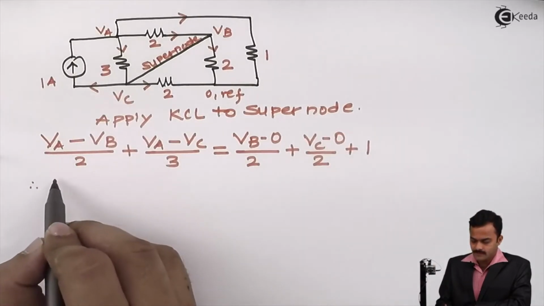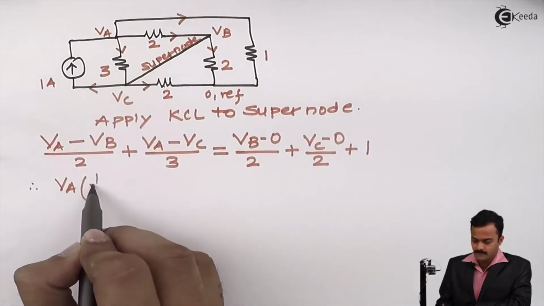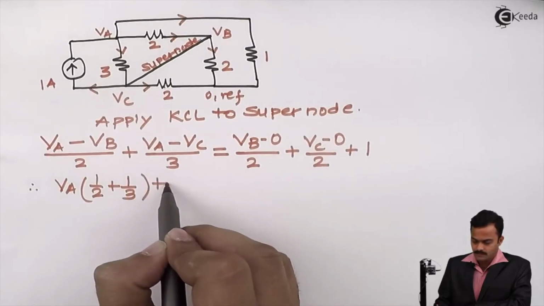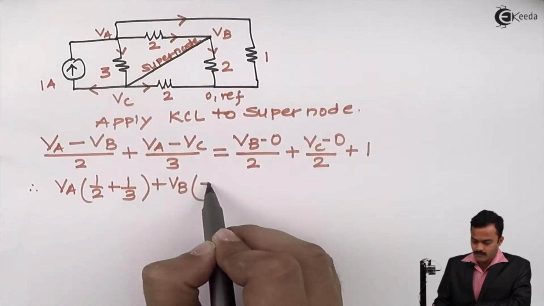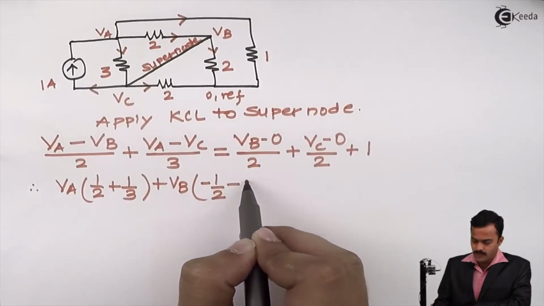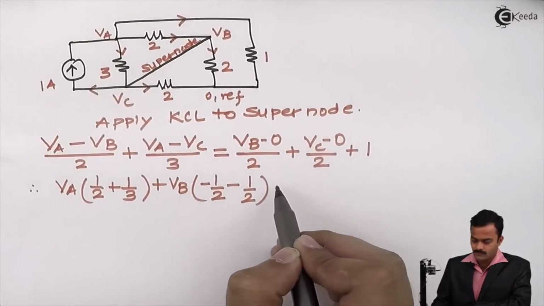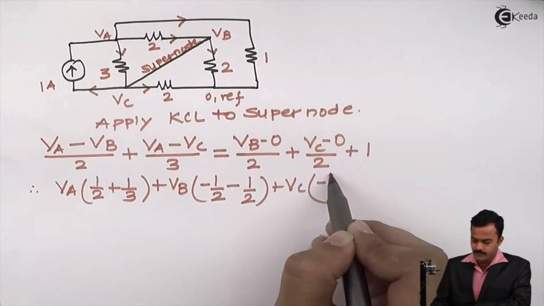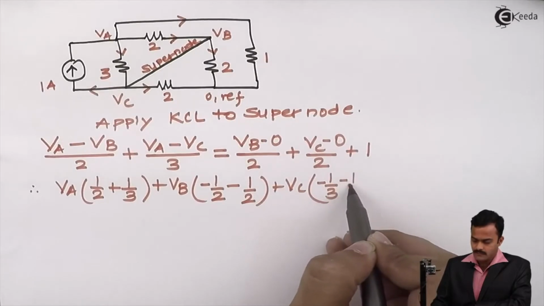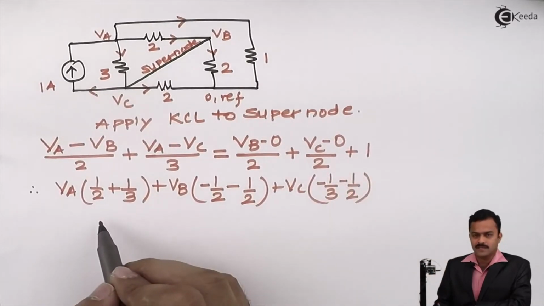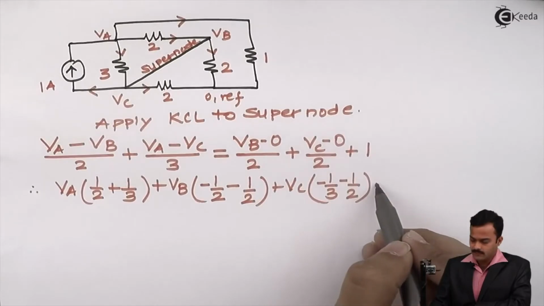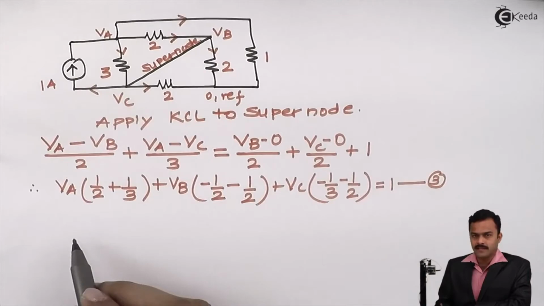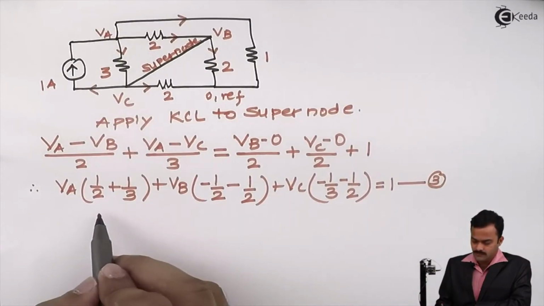Let's simplify. So I will get VA (1 by 2 plus 1 by 3), VB (minus 1 by 2 minus 1 by 2), VC I am getting (minus 1 by 3 minus 1 by 2), and the constant I will keep as it is, equal to 1. Equation number 3. Three equations, 3 unknowns.